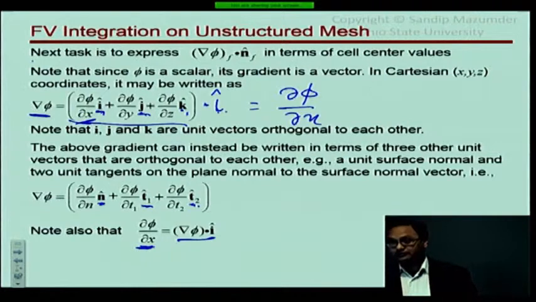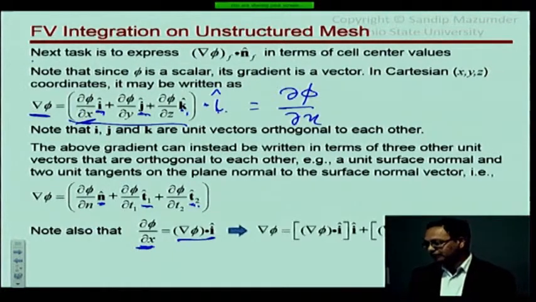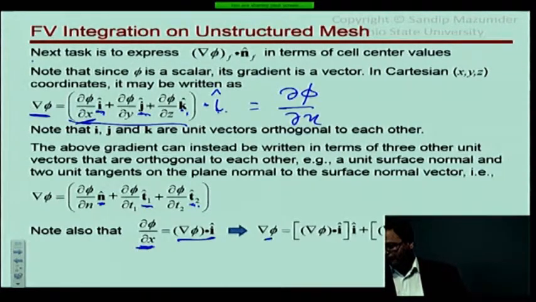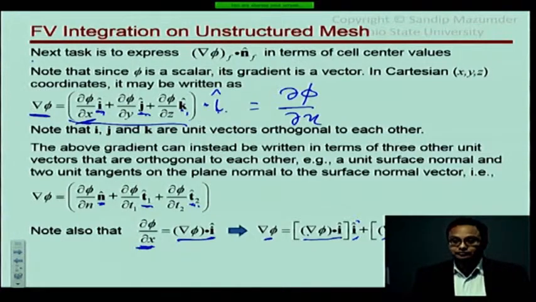So therefore, I can write my grad phi as grad phi dot i times i, grad phi dot j times j, grad phi dot k times k. Just a different way of writing the expression that I have here.